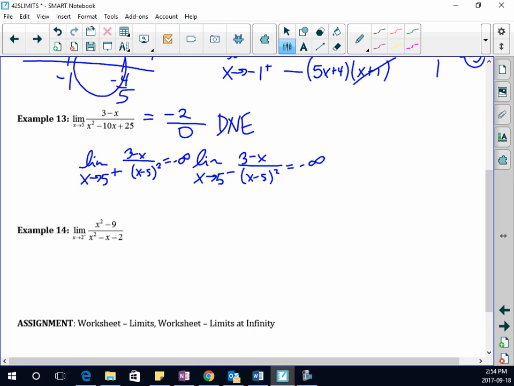Negative. Don't go too far, right? Sometimes it's better to pick 4.9 just to see the sign, because if you go too far, you might be going into the next region. So then we'd say negative infinity.